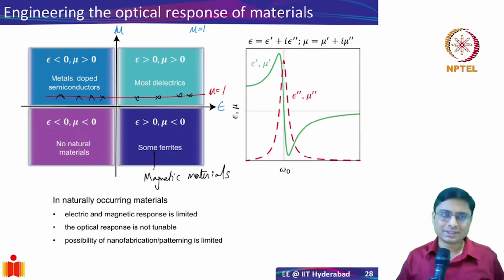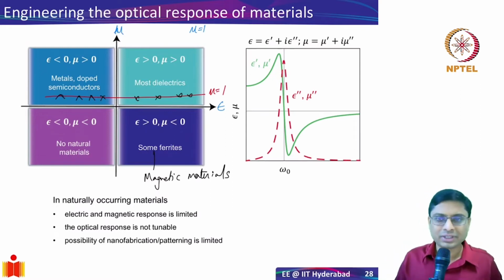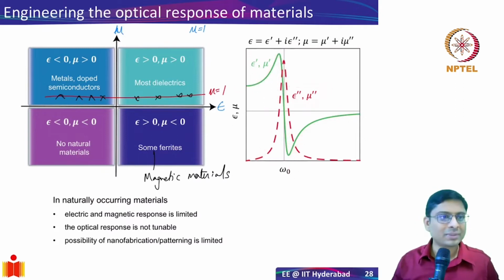It's just that the characteristic resonance frequency might be different, the width of the resonance might be different, and so on, but you can in principle have this sort of response. I'm showing you one such case, wherein epsilon varies in this fashion, the imaginary part exhibits a peak, and that could even be a peak in the imaginary part of permeability. So I can express both epsilon and mu as complex numbers in this fashion.